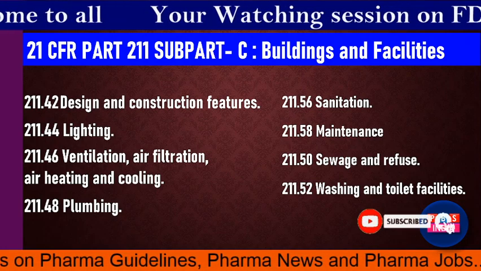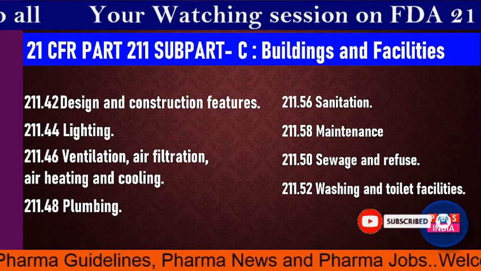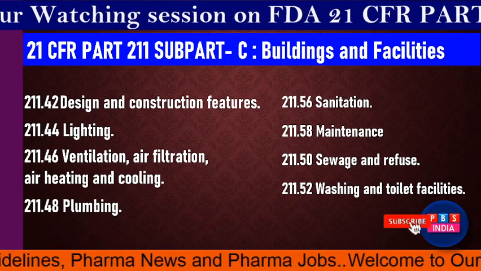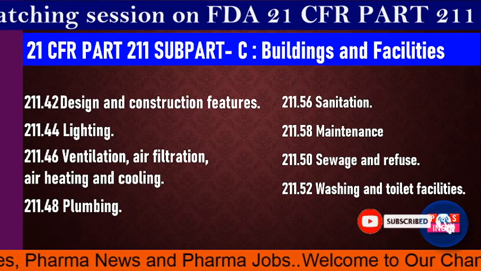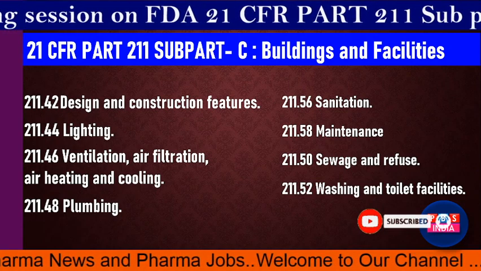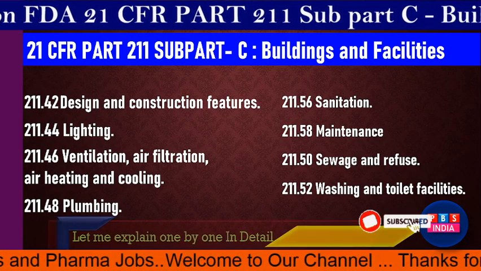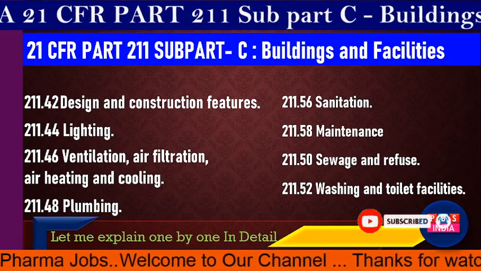So these are the topics we are going to discuss today. This is a very important topic, buildings and facilities. So what is CGMP practice in terms of buildings and facilities? Let me explain one by one in detail.